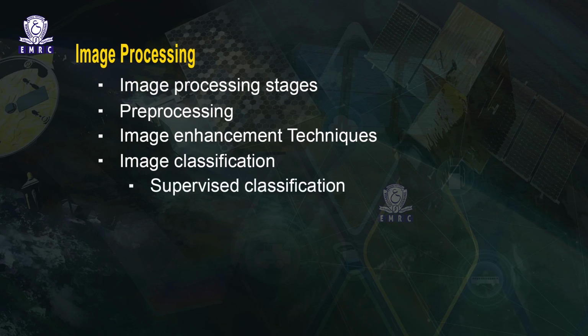Spatial pattern recognition involves the categorization of image pixels on the basis of the spatial relationship with pixels surrounding them. Image classification techniques are grouped into two types, namely supervised and unsupervised. The classification process may also include features such as land surface elevation and the soil type that are not derived from the image.